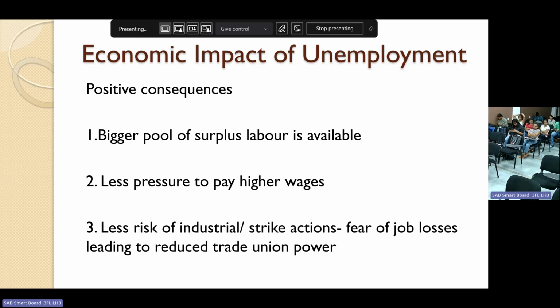And the risk to industries: there's less risk to industries because there are no trade union arguments.